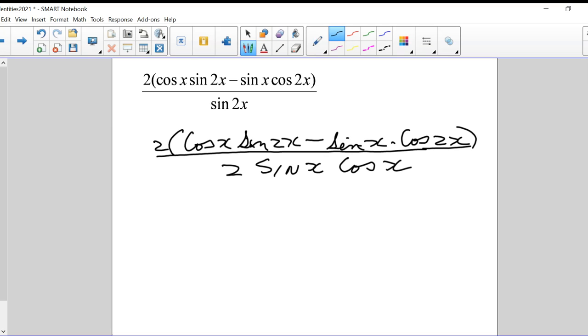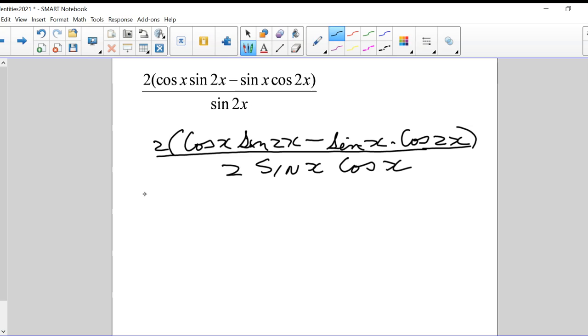Now, why might that be helpful? Is there any opportunity to simplify right away that anybody sees? Yes, Jeremy? Absolutely. That means we wouldn't have that to bother about anymore.